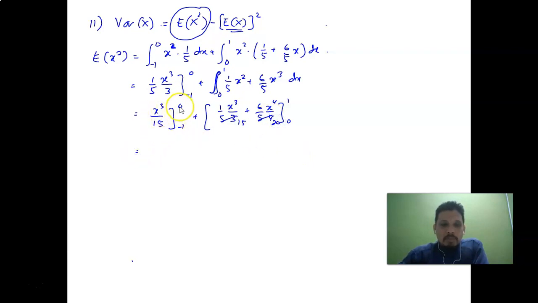So substitute the value of x one by one. We give it 0 here, start with 0 here. 0 cubed equals 0 divided by 15 equals 0, minus -1 cubed equals -1 over 15. So the result of substituting the value here is complete, plus, we solve this part here now. x cubed divided by 15, 6x to the power 4 divided by 20.